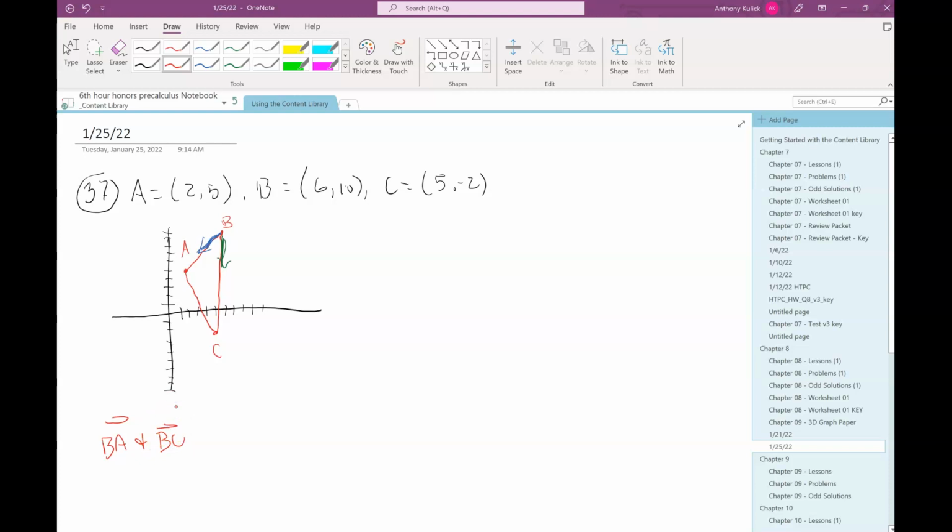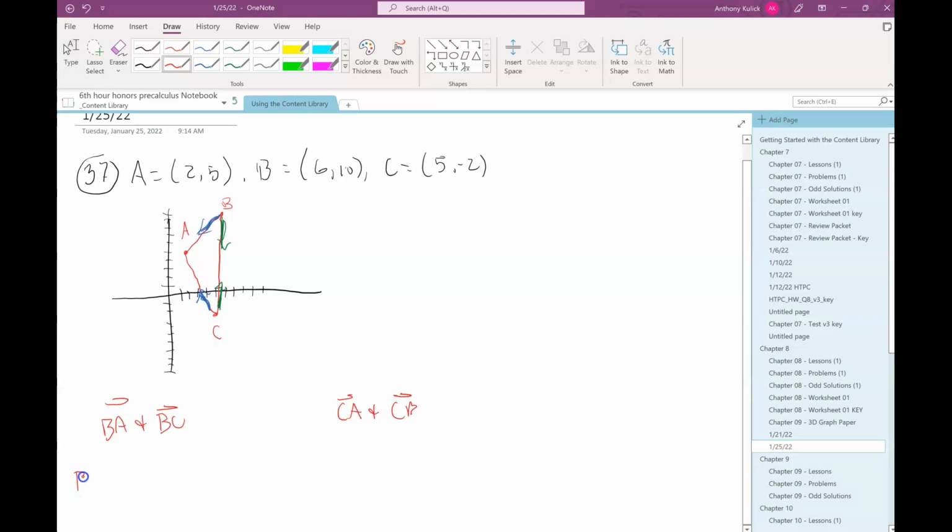So the first pair is going to be BA and BC, and the second pair would be CA and CB. And that'll actually be enough because I've got all the side lengths covered there with those 4 vectors. And if I get 2 of the angles, I can get the third angle for free at the end.